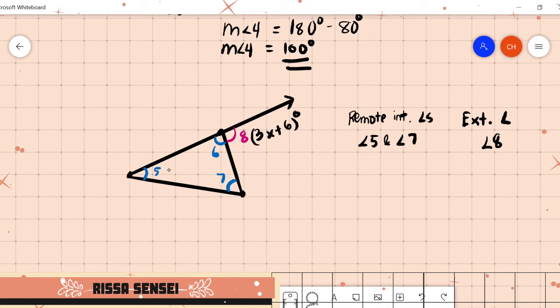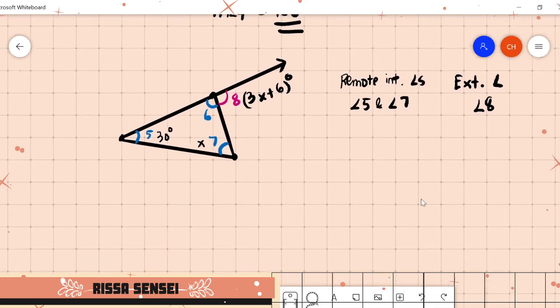Tapos, ito ay sabihin natin 30 degrees. And we don't know the measure of this. Yan, x. Yan. So, paano ngayon yan?